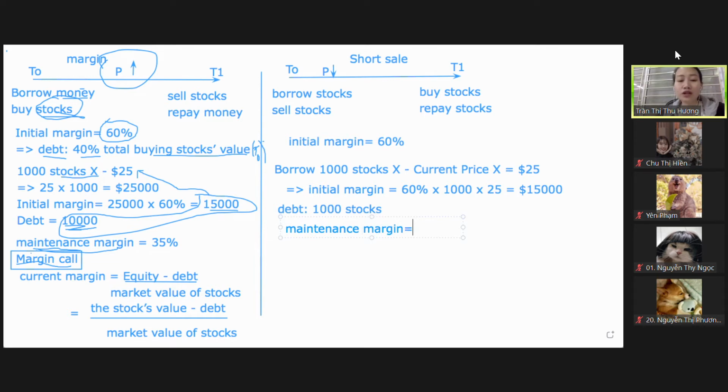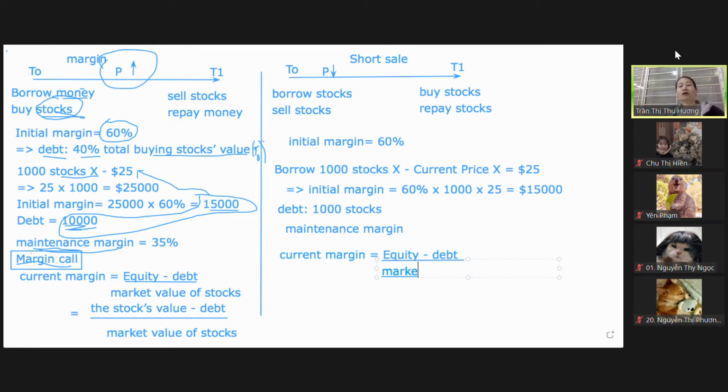The current margin equals your equity minus your debt divided by the market value of the stock. We have the same formula. You take what you have minus what you borrow and divide by the market value of the stock.